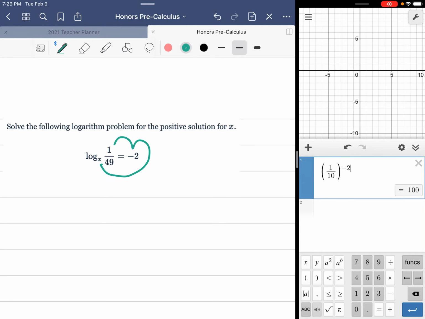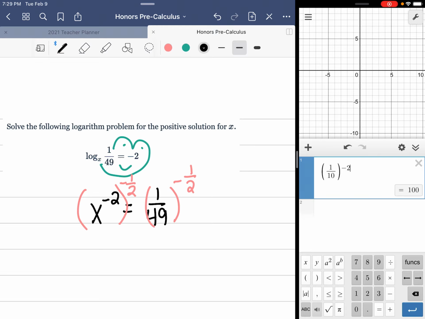All right, so let's look at one more example here. So we're going to convert this over. So I have x raised to negative 2, and then I have equals to 1 over 49. So x raised to negative 2, 1 over 49. So this time I need to figure out what to raise my power to in order to get rid of negative 2. So we're going to multiply it by that reciprocal value.